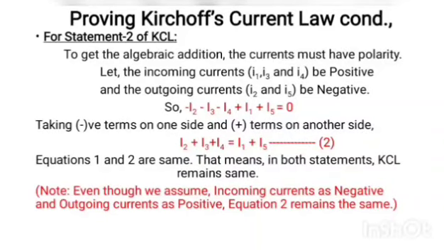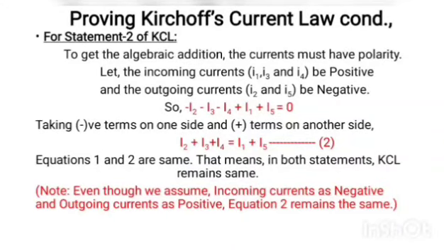Now the positive terms are brought to one side and the negative terms to the other side. Finally, we get I2 plus I3 plus I4 is equal to I1 plus I5, equation 2. By observing equation 1 and equation 2 that we get from statement 1 and statement 2, both remain the same.